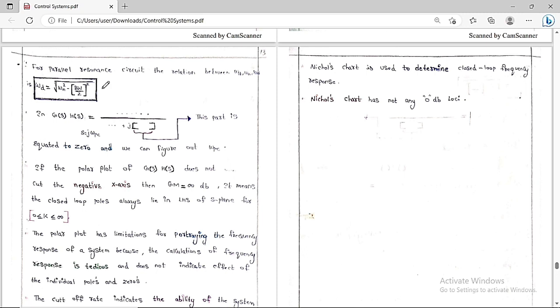So for a parallel resonance circuit, the relation between omega d, omega n and bandwidth is omega d equal to square root of omega n square minus bandwidth by 2 whole square. Here omega d means damped frequency, omega n is the natural frequency, and BW means bandwidth.